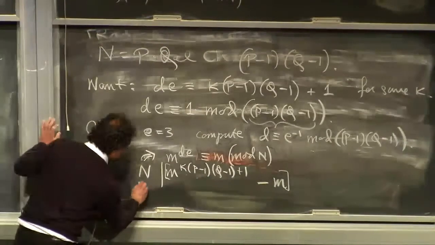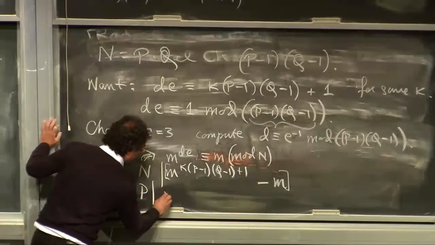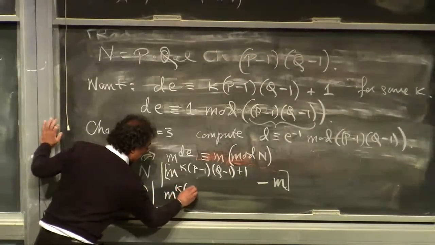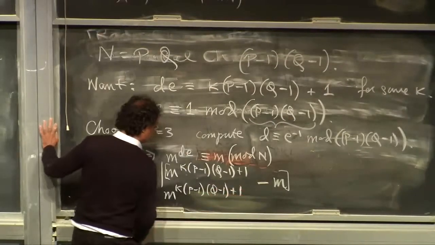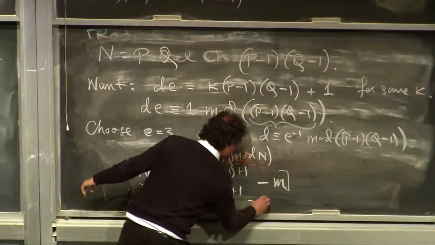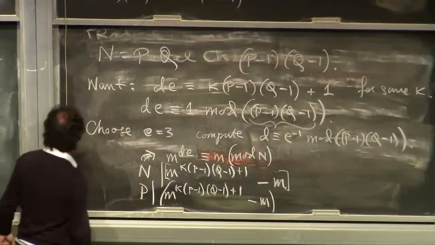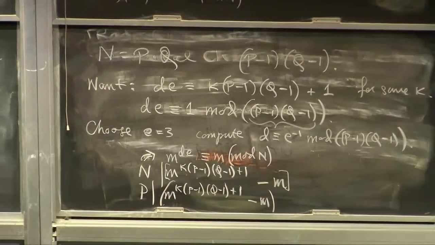So we are claiming that p divides m raised to the power of k times p minus 1 times q minus 1 plus 1, minus m. Isn't that just Fermat?